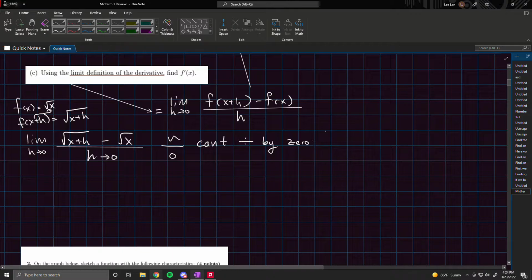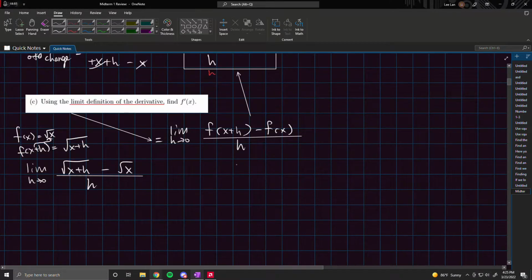So there's an issue. But it's not the end of the world, because we can manipulate this using algebra so that we can get rid of the h in the bottom. But how do we do that?